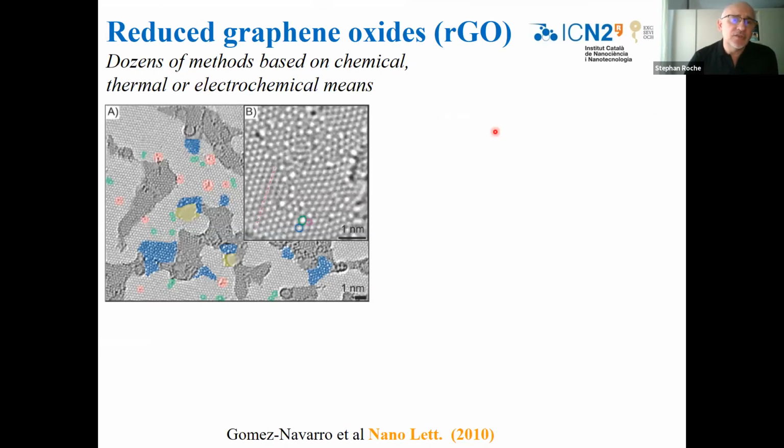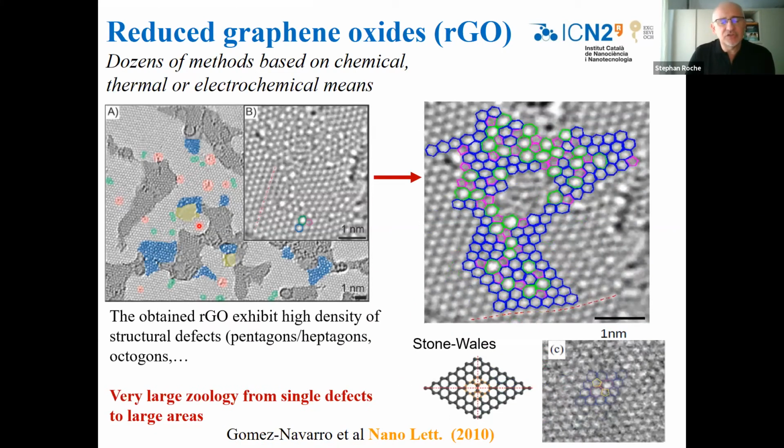Then you have a lot of different types of reduction approaches to eventually eliminate a certain density of these oxygen atoms that are attached to the material. But you always end up with a system that will increase its number of non-hexagonal rings, these pentagons, heptagons, octagons.